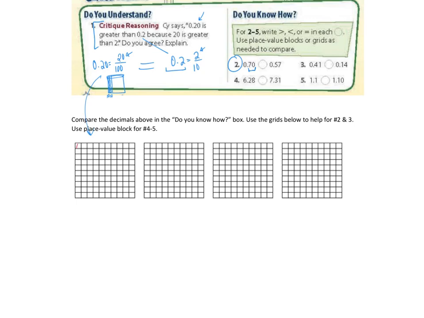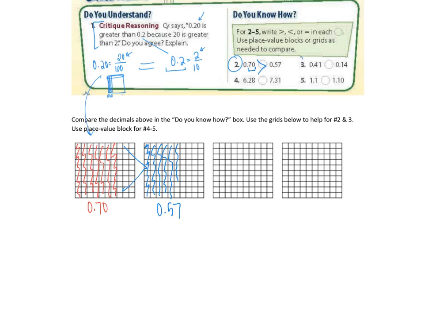So here's 10, 20, 30, 40, 50, 60, 70 of the hundredths. And I want to compare that to 57 of the hundredths. Visually you'll be able to see there's 40, there's 50, and there's 7. So I have 57 hundredths. Comparing them, for sure the 70 hundredths is bigger.